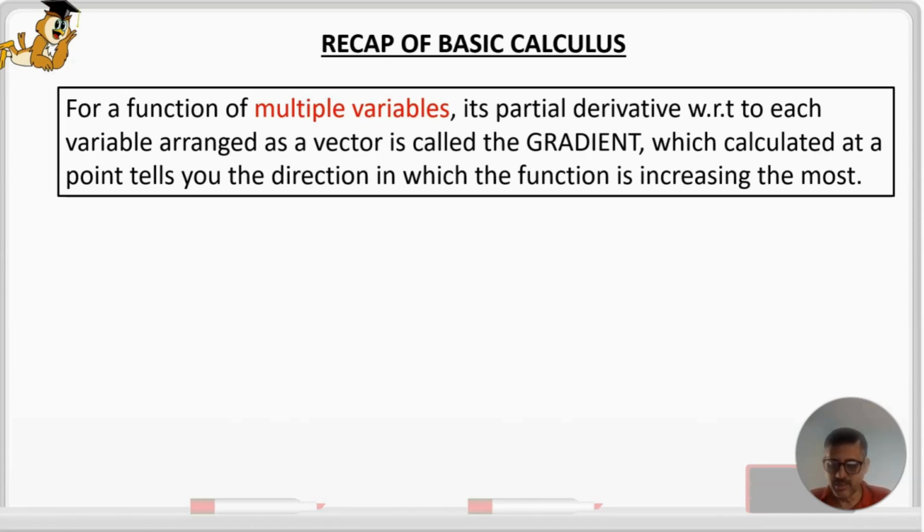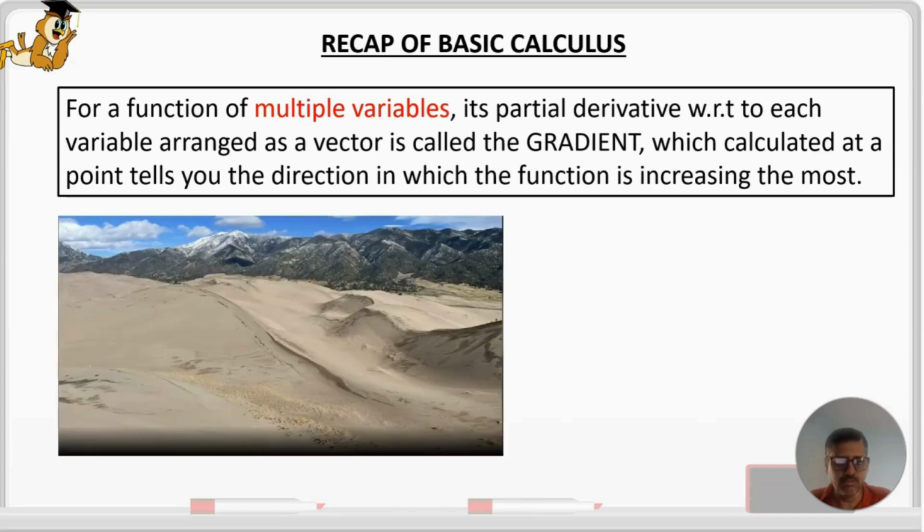So let me again take an example. These examples are difficult to draw on a piece of paper, so I'm going to take an example from real life. I have shown a hiking trail over here, some mountains, some sand dunes, etc. Let's imagine this situation, where the east-west direction is the x direction, and the north-south is the y.